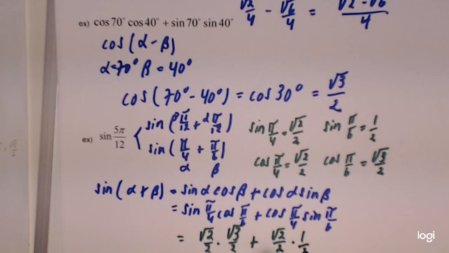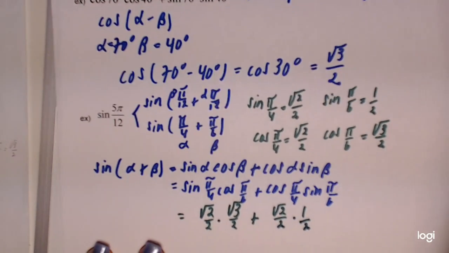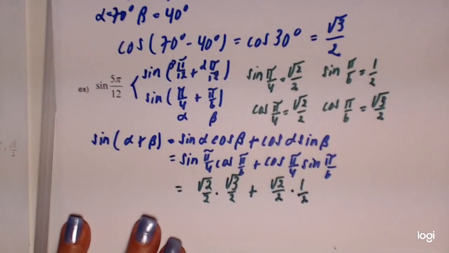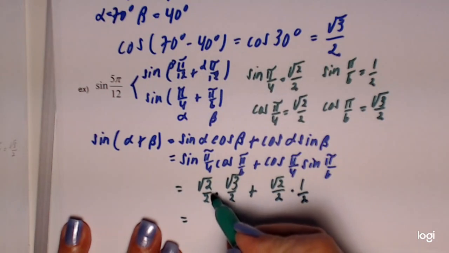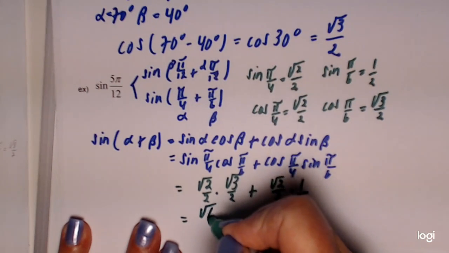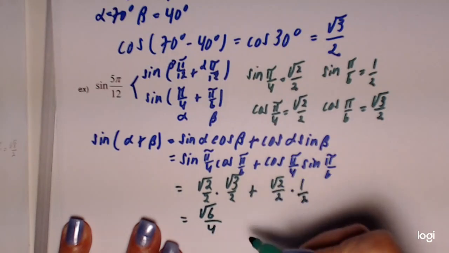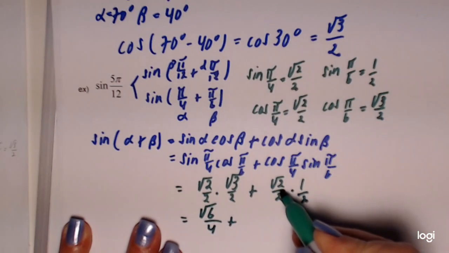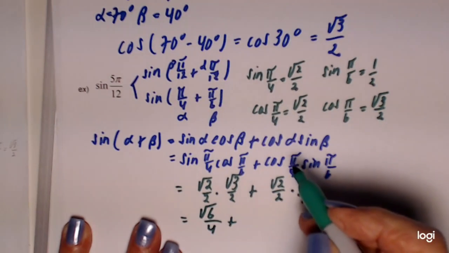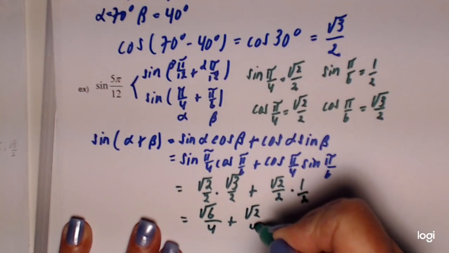So there's our multiplication to do. Square root 2 times square root 3 is the square root 6. 2 times 2 is 4. And now over here, square root 2 times 1 is the square root 2 over 4.